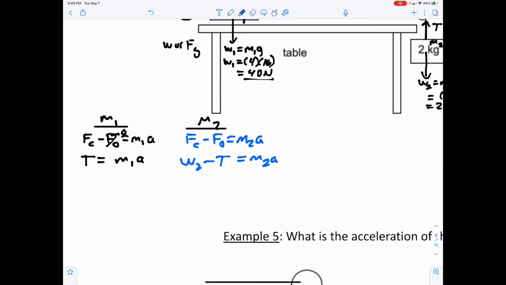Well, here's what we do. Since tension has a value of m1a, we're going to substitute m1a right here in place of tension. And this becomes weight 2 minus m1a equals m2a.